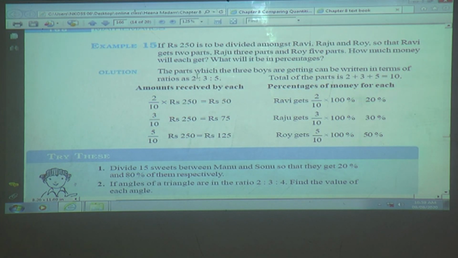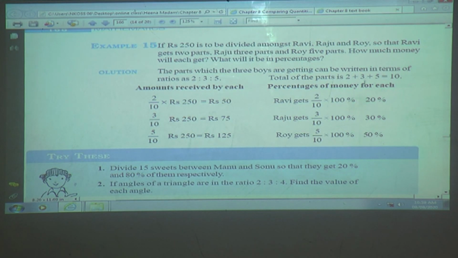The parts the 3 boys are getting are 2 parts by Ravi, 3 parts by Raju and 5 parts by Roy, so 2:3:5. The total or sum of these parts is 2 plus 3 plus 5, which is equal to 10.